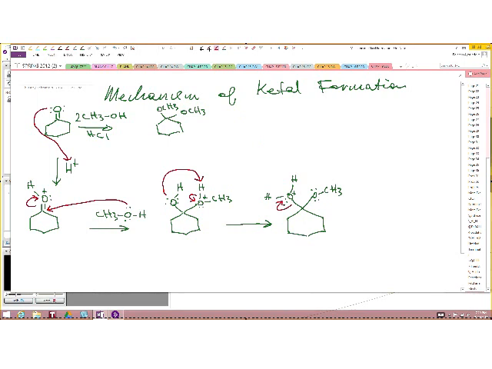So this mechanism that I am giving you here is a typical reaction mechanism for the nucleophilic addition reaction, in which we are adding a nucleophile to the carbonyl carbon. Okay, so we lose this water here.